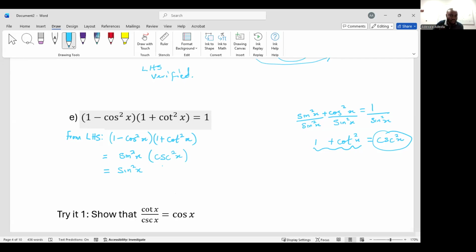I know that cosecant can be written as 1 divided by sine. And in this case, now it will be sine squared of x. Again, guys, look at it. This here 1 and this here 1. So I can say it is 1, which is our right hand side. So verified.